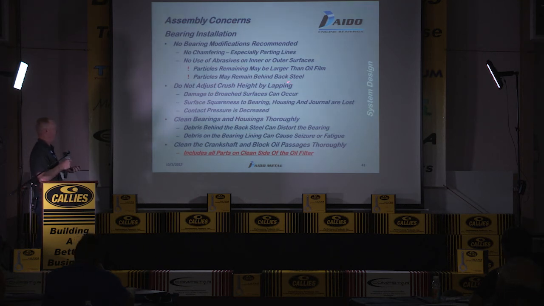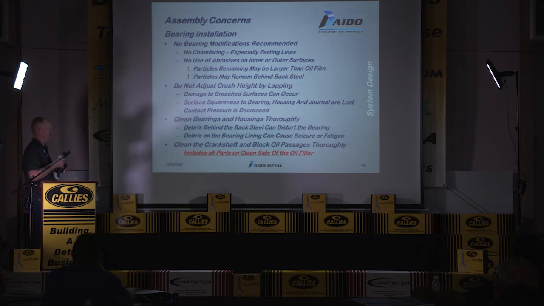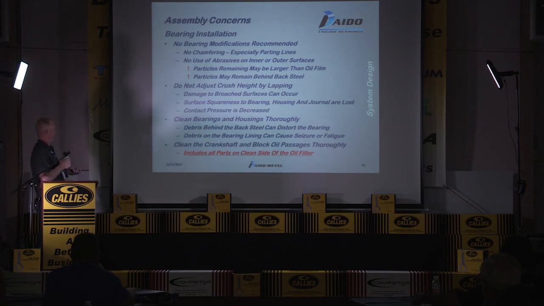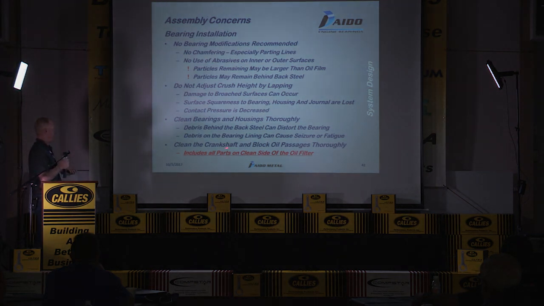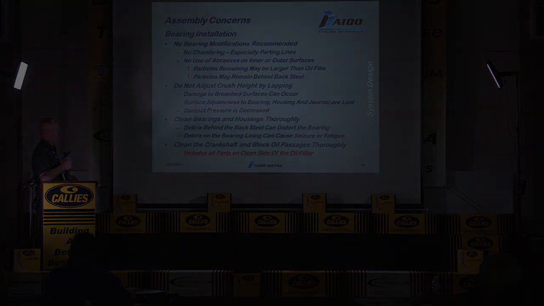Adjusting crush height by lapping can damage the broach surface and create an out of square condition between both the parting line surfaces that mate inside the housing. And again, cleanliness throughout the entire system is very important.